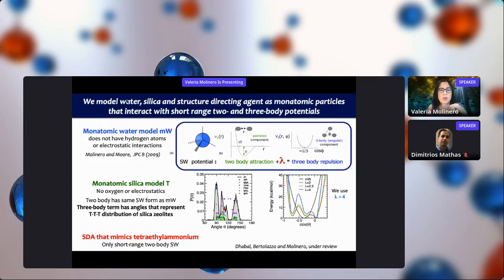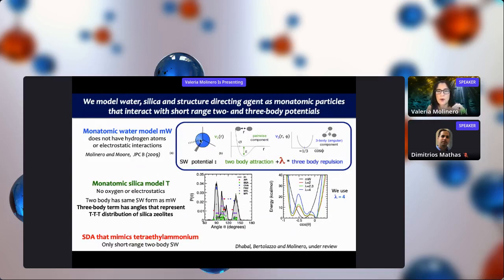We model water with a monatomic model, mW, and this monatomic water model does not have hydrogen atoms, does not have electrostatics, and is nothing else than a silicon atom that has been reparametrized to look as water.